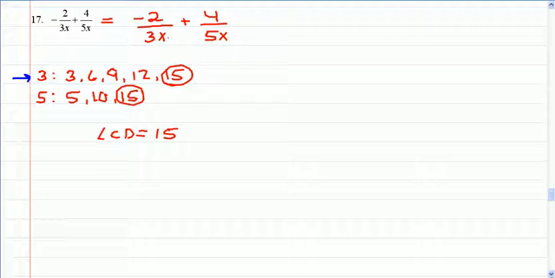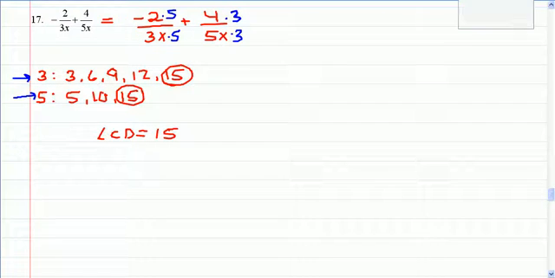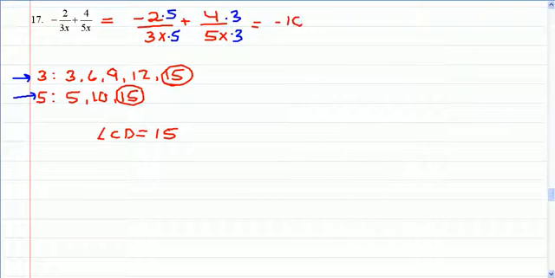And on 3's list, 15 is the 5th number. On 5's list, 15 is the 3rd number. So I have negative 10 over 15x plus 12 over 15x.